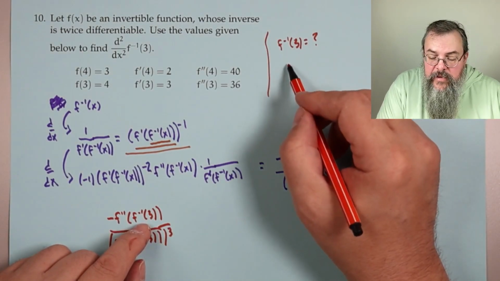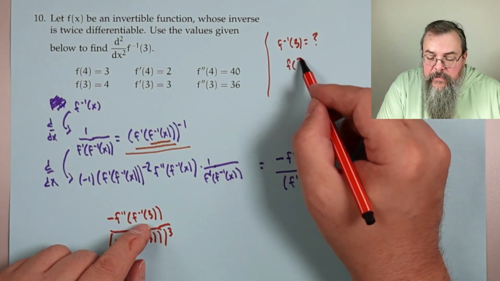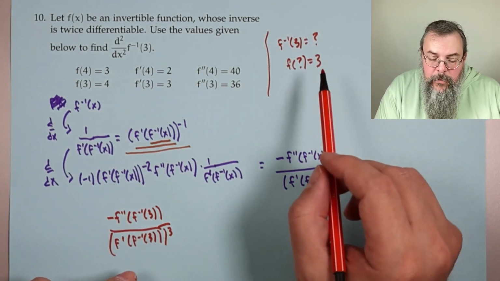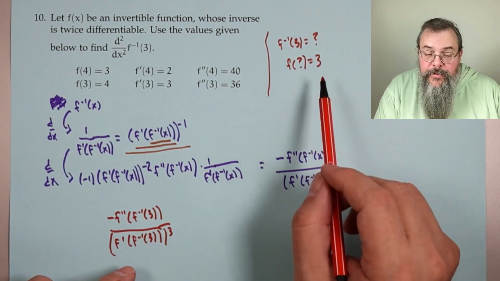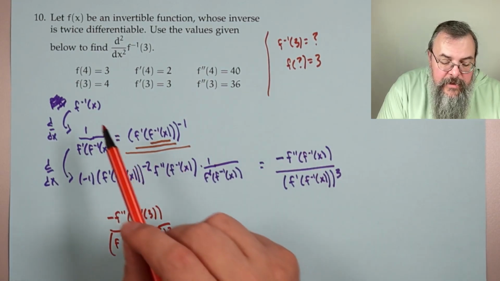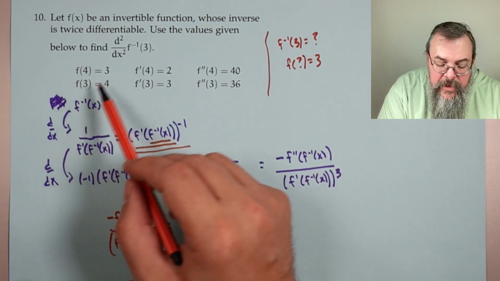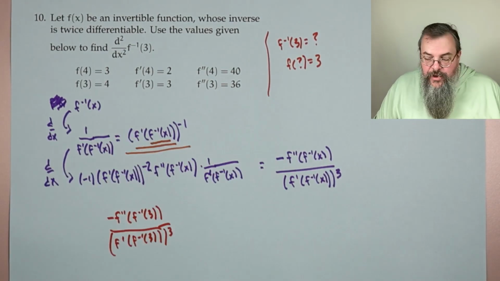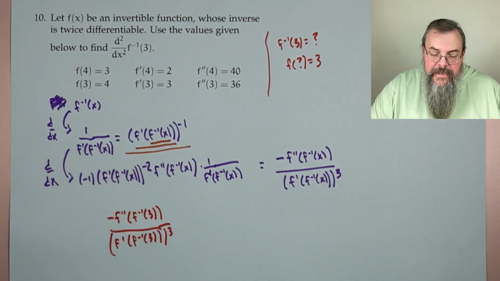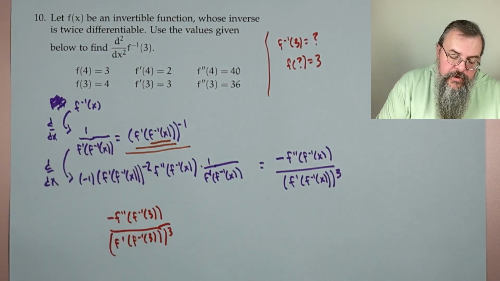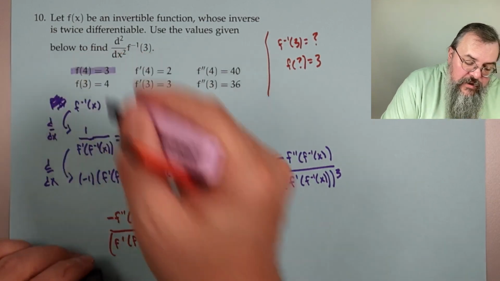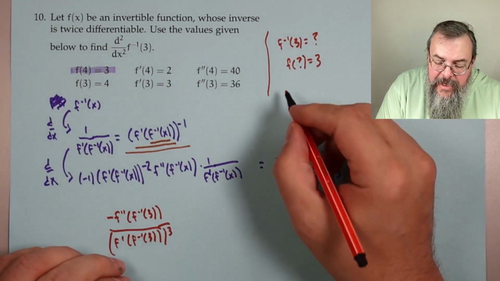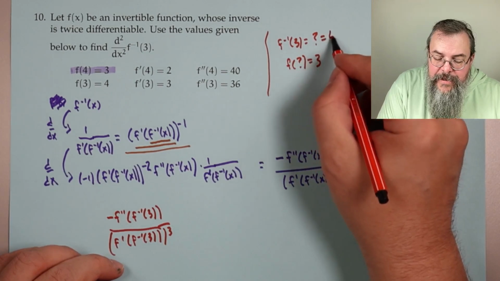That's the same as saying f of the thing we want is 3. So we're looking for, when does f of something equal 3? All right, we scan, here's f, and we want the output to be 3, not the input, the output. So we say, f of something equals 3 happens here. So the conclusion is that f inverse of 3 is 4.